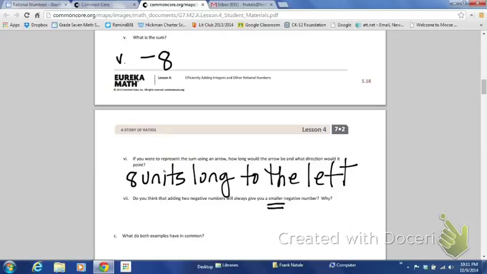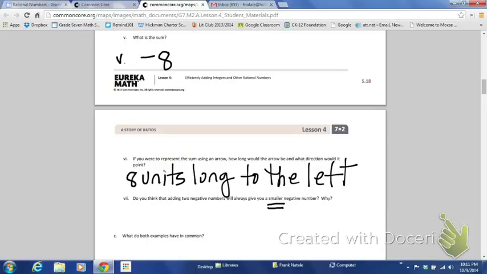As we know, when we add two positive numbers, we always end up with a larger positive number, as we saw, 3 plus 5 equals 8. Now the opposite of a greater positive is a smaller negative. Smaller in what sense? Smaller in its value.